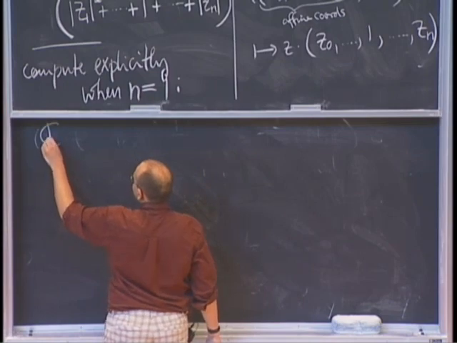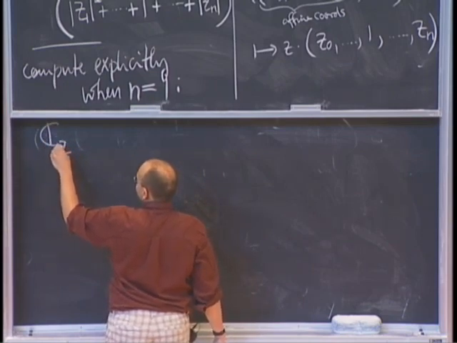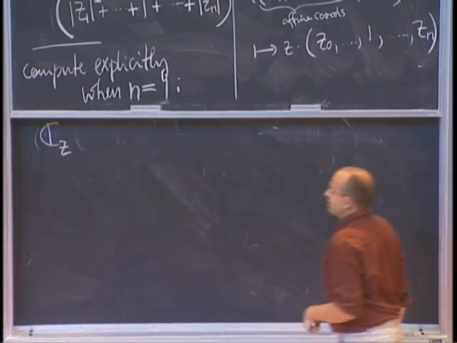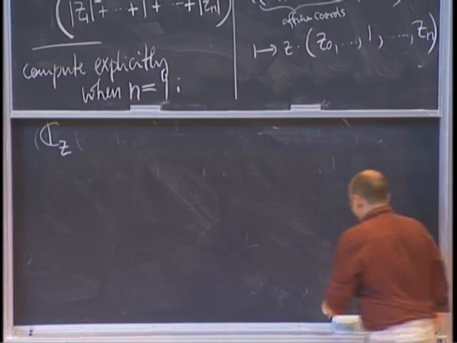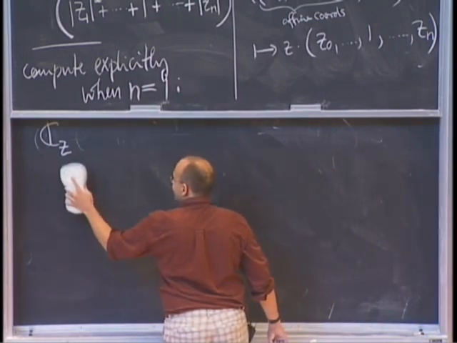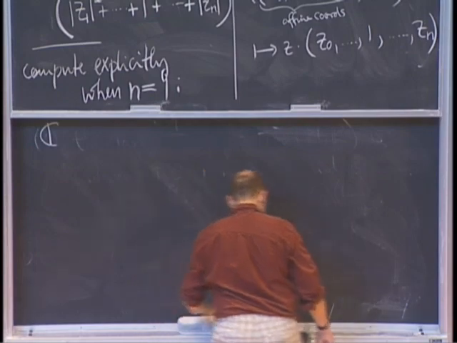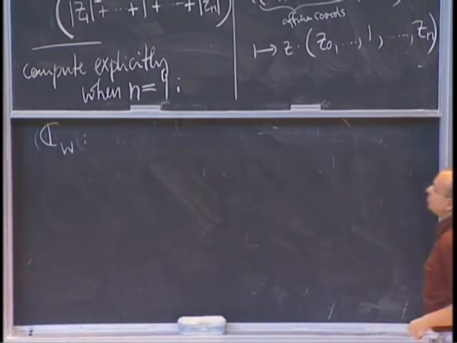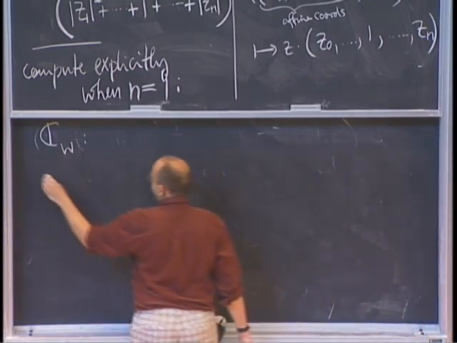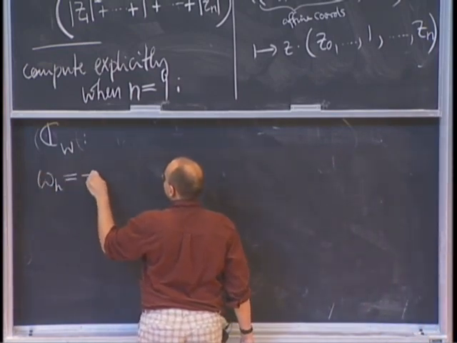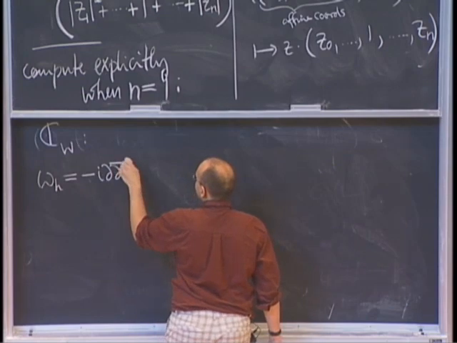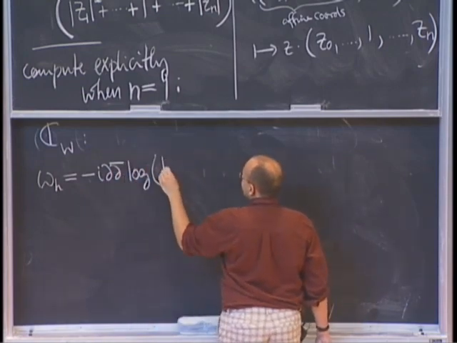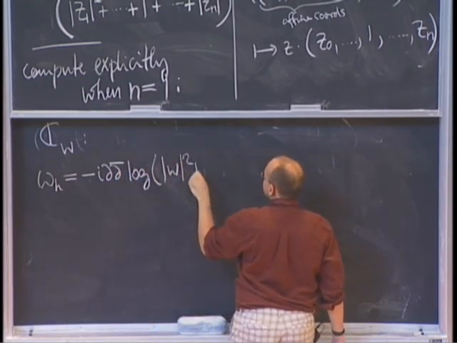So I'm just working on C. Maybe I shouldn't be calling it C. With coordinate W, I care about the form omega h, so that's minus i ∂∂bar log of mod W squared plus 1.